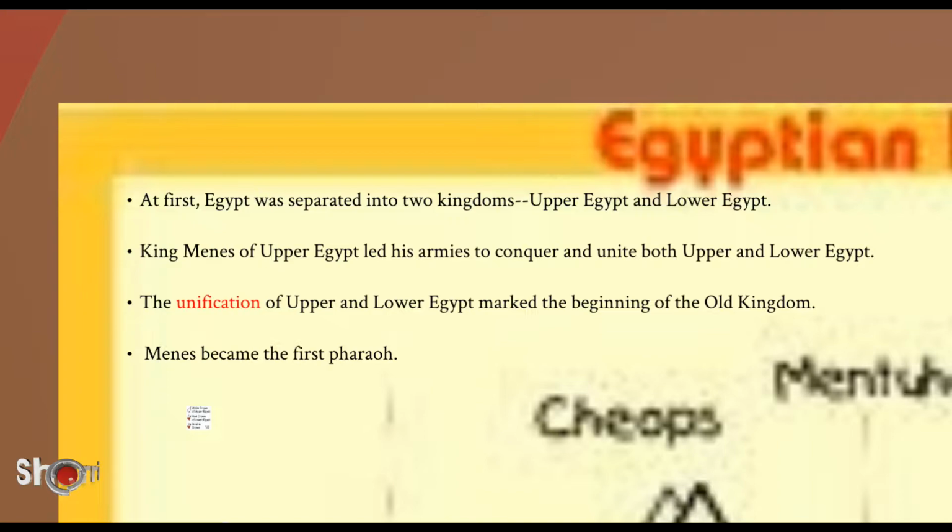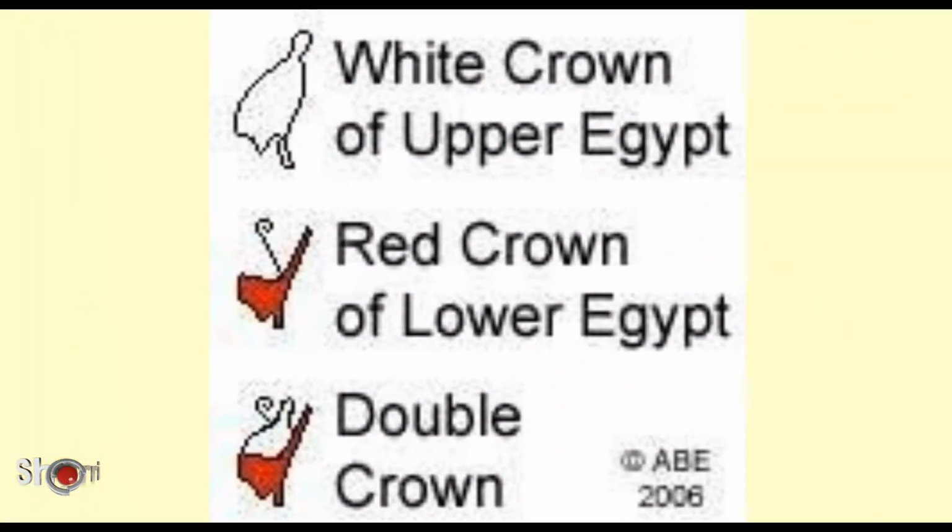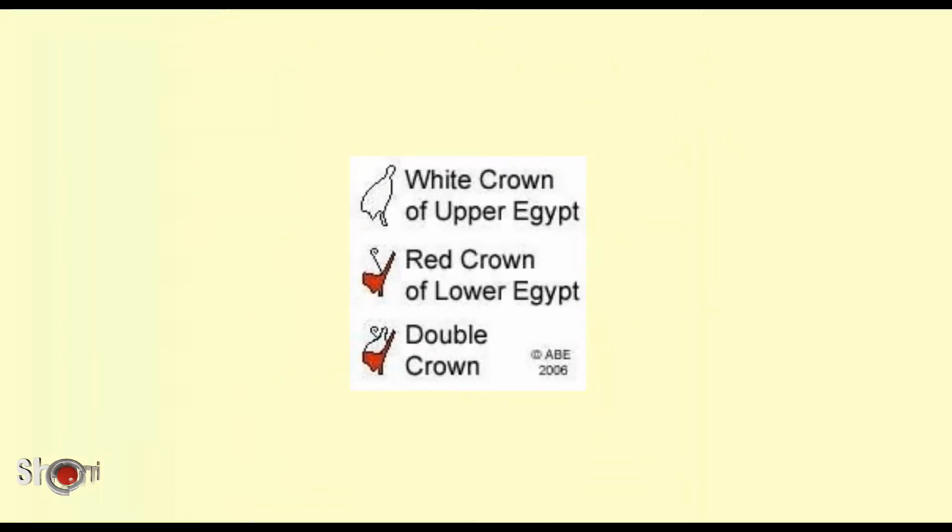King Menes of Upper Egypt led his armies to conquer and unite both Upper and Lower Egypt. The unification of Upper and Lower Egypt marked the beginning of the Old Kingdom. Menes became the first pharaoh. White crown of Upper Egypt, red crown of Lower Egypt, double crown.